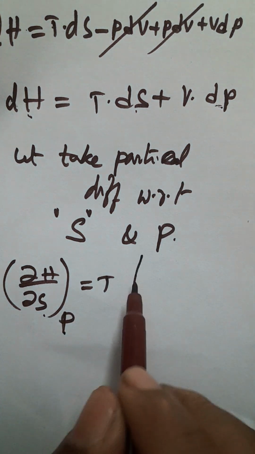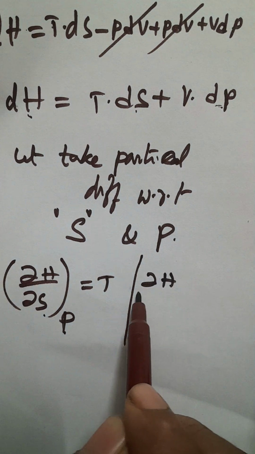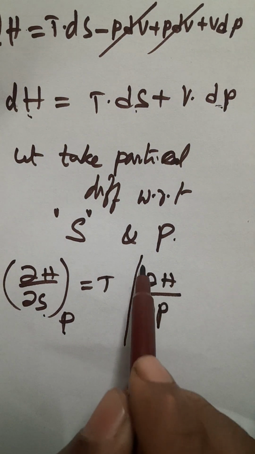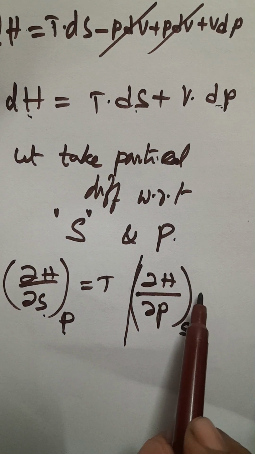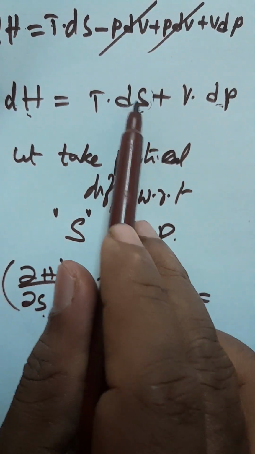Similarly, in the same equation, dou H by dou P, this time we are differentiating with respect to pressure at constant entropy. If entropy is constant, that term is constant, and its derivative is 0.